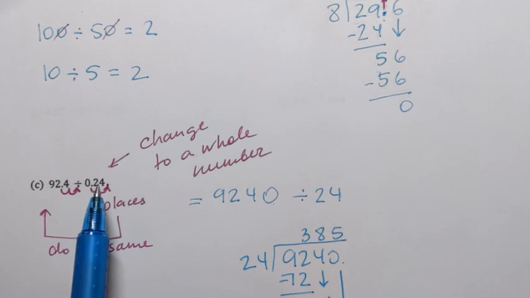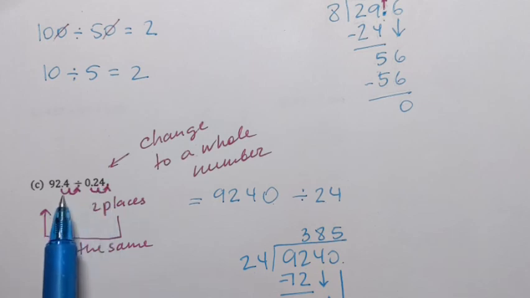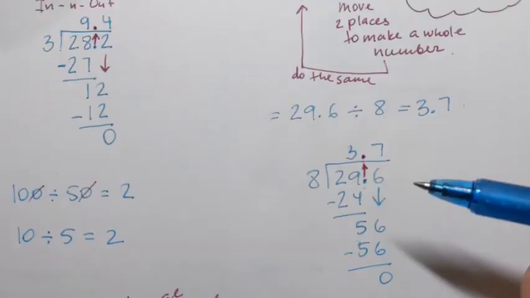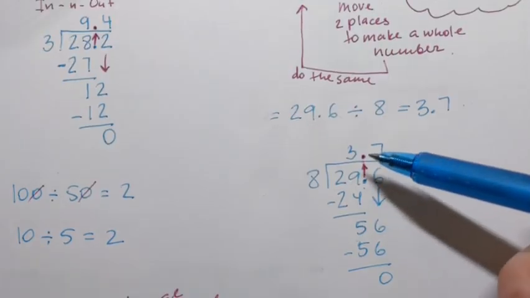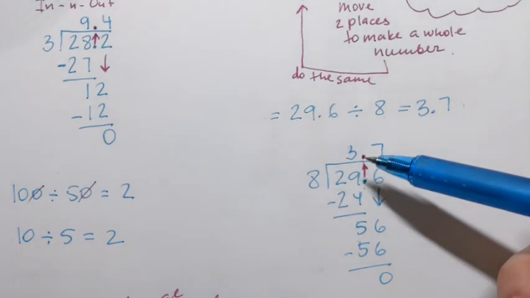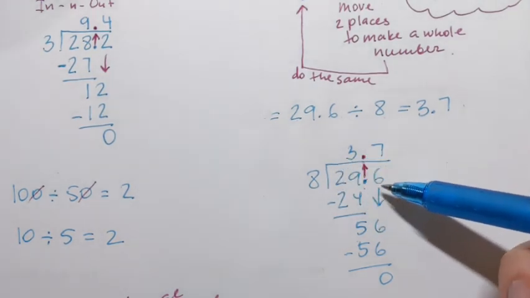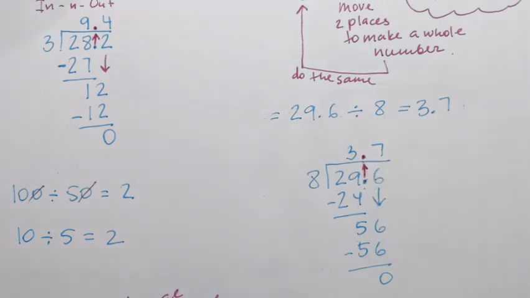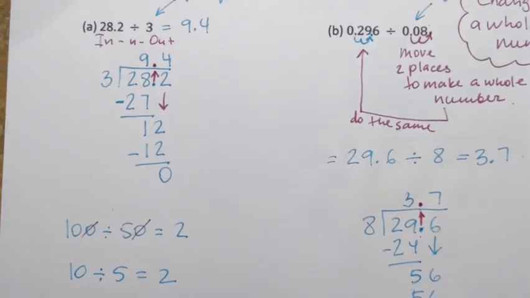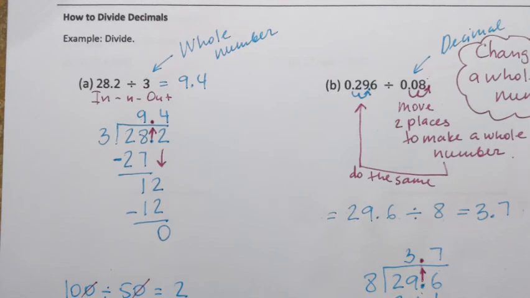And when you move the decimal point in one number, you have to move it in the other one as well, the same way. That's one. The second is that the decimal point in the answer is always right above the decimal point in the number that you're dividing. So that's the second important thing to remember. Yeah, that's how we perform division of decimals.